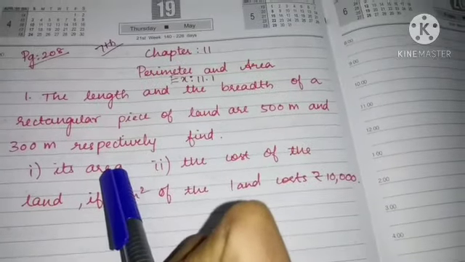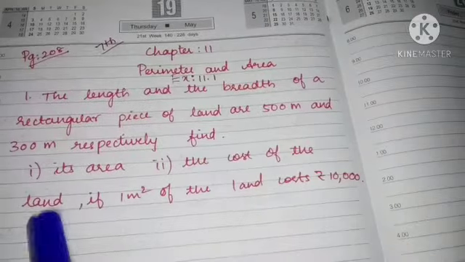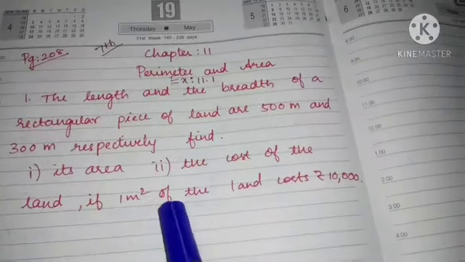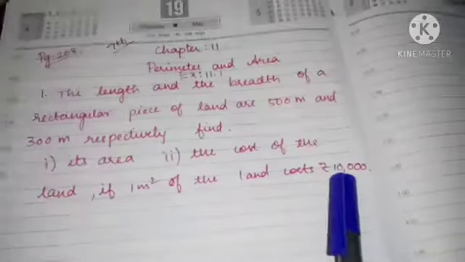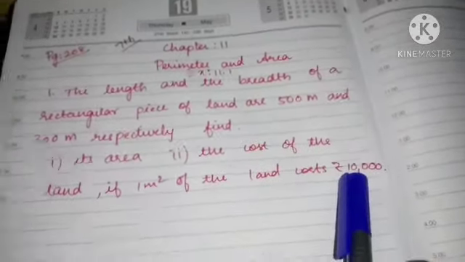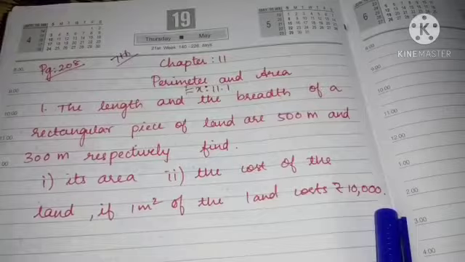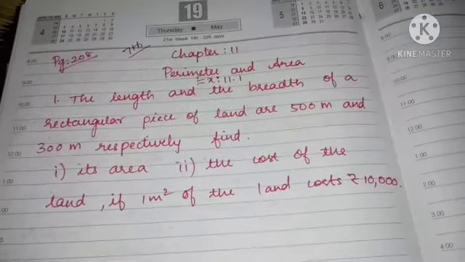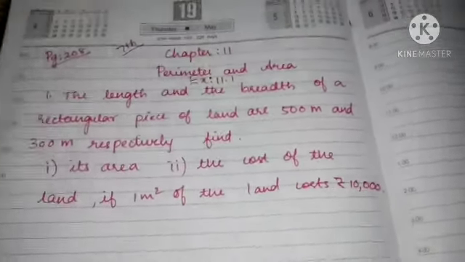Yes, we can easily find. Then the cost of land, if 1 meter square of land costs rupees 10,000. What is given for 1 meter square? 10,000 rupees, which means for how big a land, how many rupees will come. That is our concept.